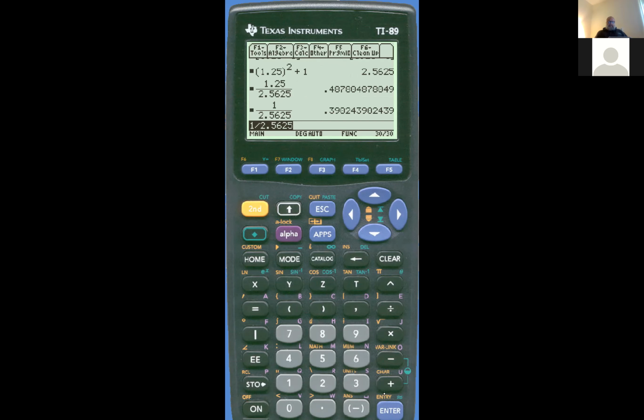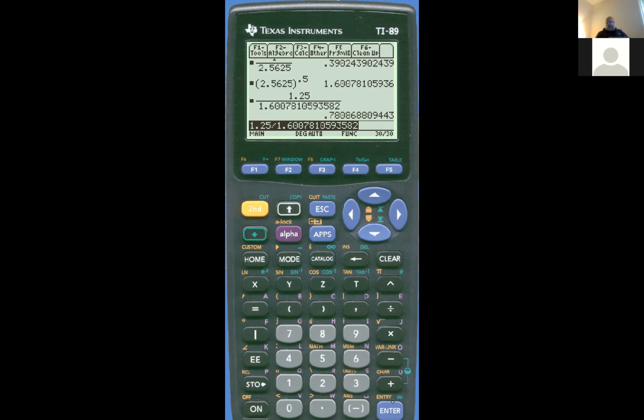Well, wait, you know what I forgot to do? I forgot to square root. That's my problem. Let's try that again. 0.5. There we go. I bet it works now, Jay. So if I do 1.25 divided by this, which is the actual length of the vector, I'll get 0.78. There you go. And then 1 divided by that, and you should get 0.62.